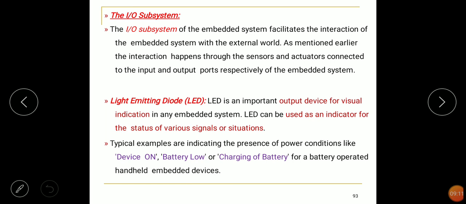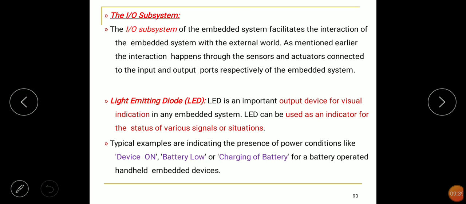Okay, here is the first example, that is the light emitting diode. LED is an important output device for visual indication in any embedded system. This is the basic element of the output devices used in an embedded system. What is LED? LED can be used as an indicator for the status of various signals and situations.